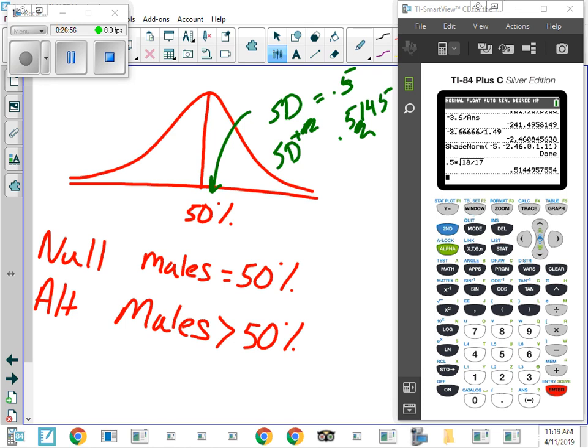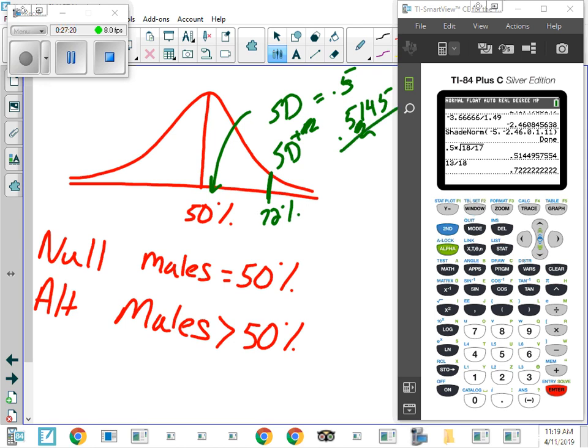Okay. So the answer that I got from my survey was 13 out of 18, which is 72%. I need to create a t statistic, which is just like a z statistic, except you use the SD plus.